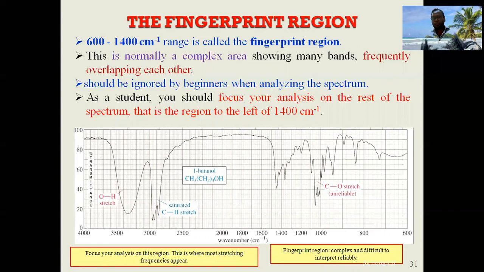So you should focus your interpretation of spectra on the regions between 4,000 and 1,400 inverse centimeters.